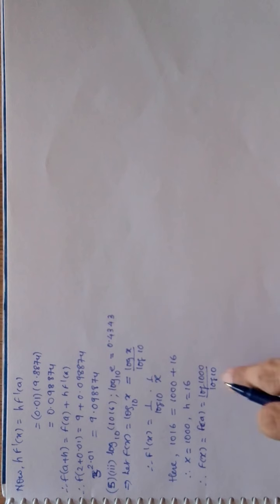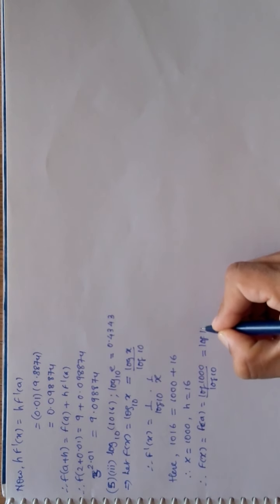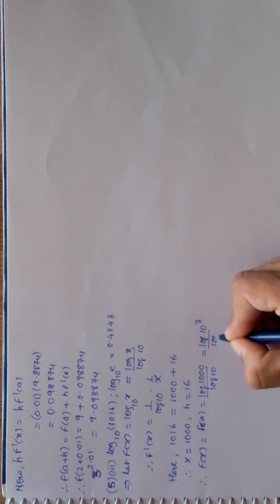Now please do not cancel this. It will become log of 10 cube divided by log 10, which finally turns out, using the rule of logarithm, log of a raised to m is equal to m log a, to 3 log 10 upon log 10, which becomes equal to 3. Agreed. Now the value of log 10 is 1 and this log 10 value also is 1, so division is possible, so it becomes 3.